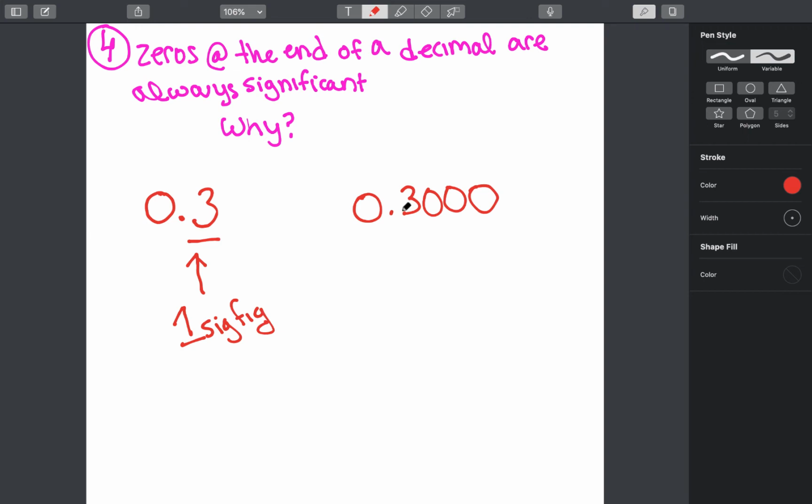This one has 1, 2, 3, 4 sig figs. Now, why do we count the zeros here and not the ones in the front? Because we can still express this in scientific notation as this. So why do we have to have these zeros at the end?